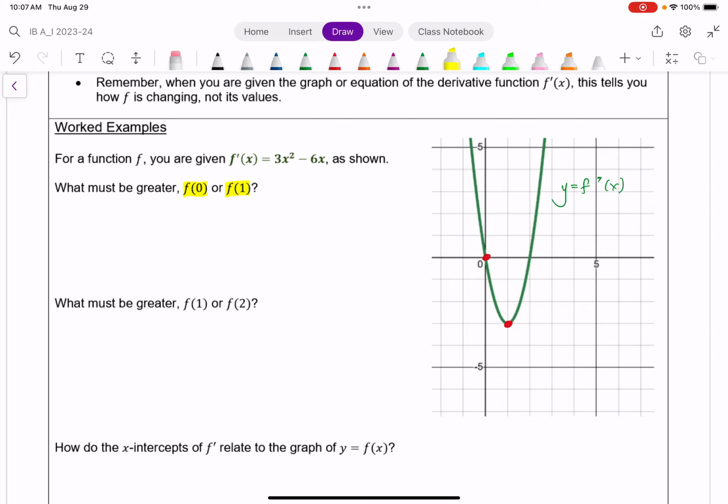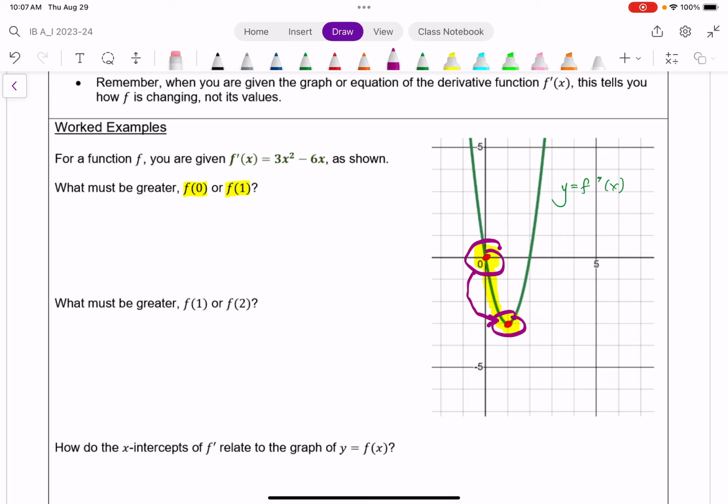And so in this case, if I look at when x is 0, my derivative is exactly 0, which means at that instant, this graph is not increasing or decreasing. After that, my graph goes down, because the derivative is negative. And at this point here, the graph has been decreasing for a while. So whatever the function was when x was 0, I know it's been decreasing by the time we get here.